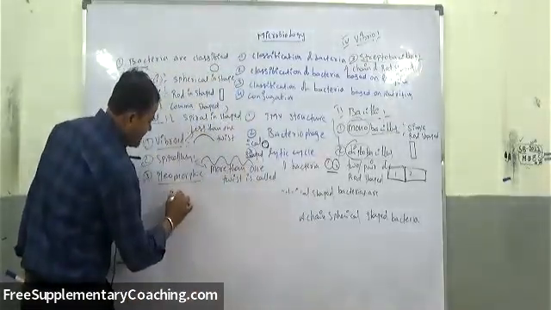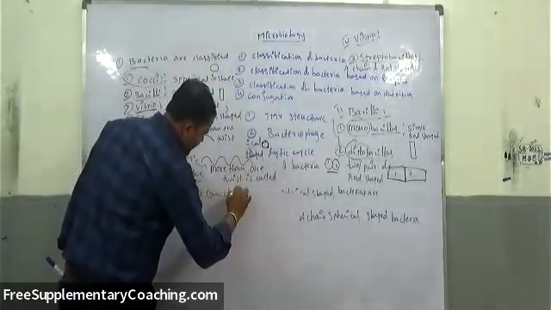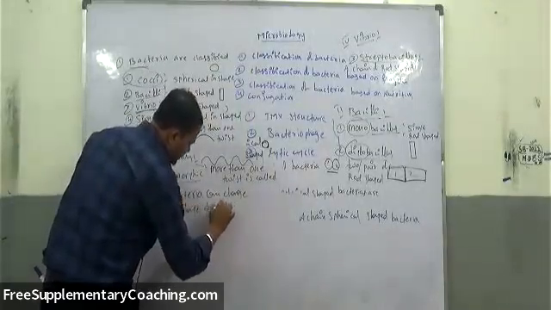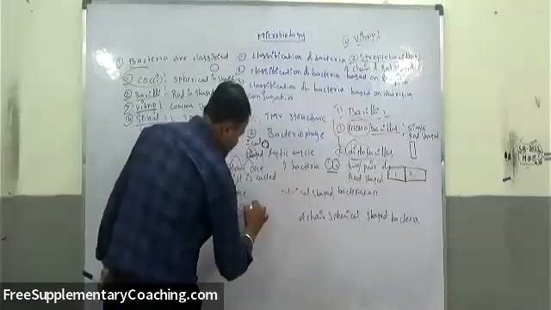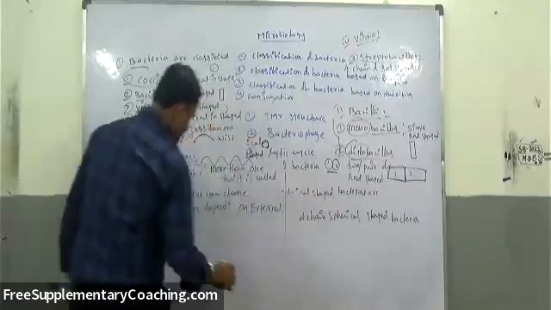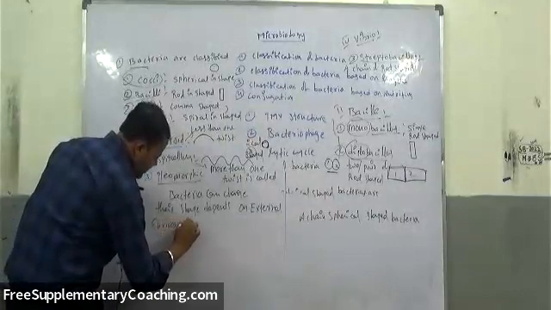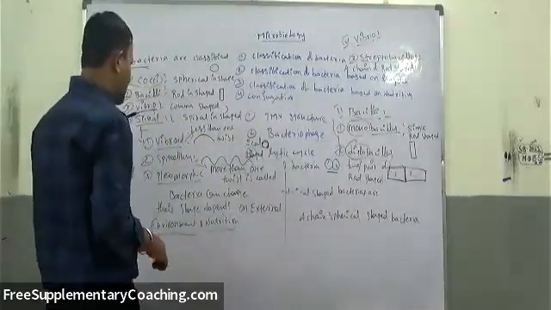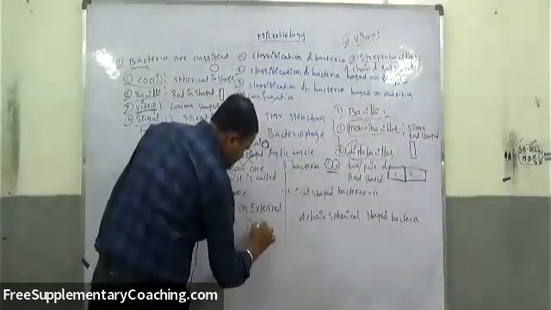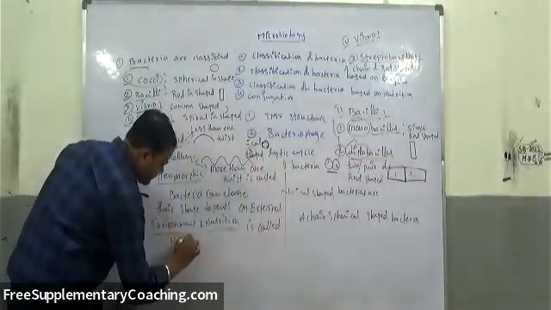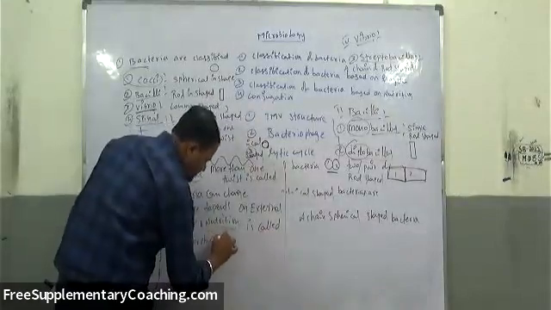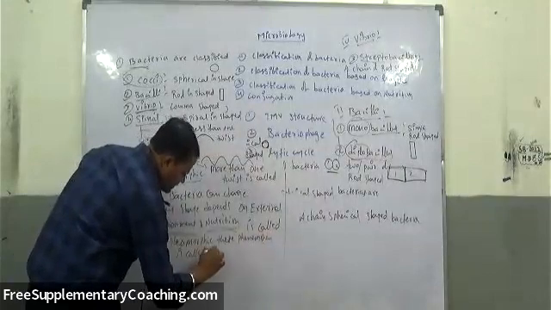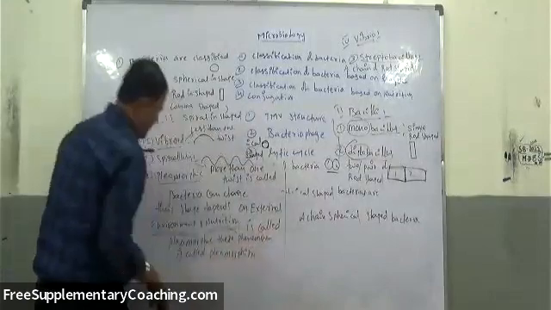Pleomorphism means bacteria can change their shape depending on the external environment and the nutrition.